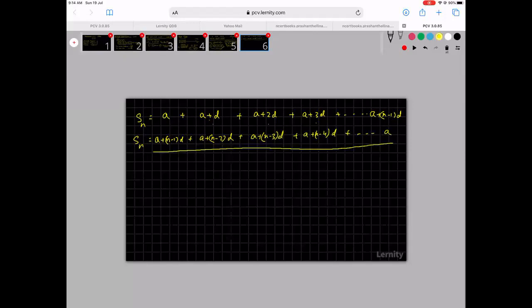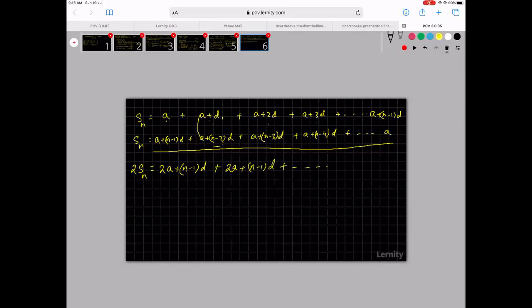Now I'm just going to add term by term. So I'll get 2 times Sn is equal to 2a plus n minus 1d, plus this will again become 2a plus, when I add these two, n minus 2 plus 1 will become n minus 1d, and it will go on.